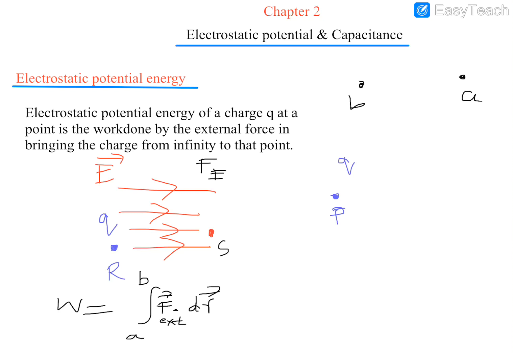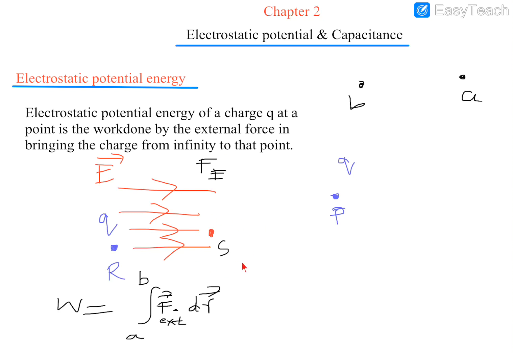Okay, if the point is S, then at S this much potential energy will be there associated with the charge Q. When the point changes, potential energy also changes. So at a point we will define potential energy. That's why in the definition, electrostatic potential energy of a charge Q at a point is the work done by the external force in bringing the charge from infinity to that point. So potential energy will change depending upon the point.